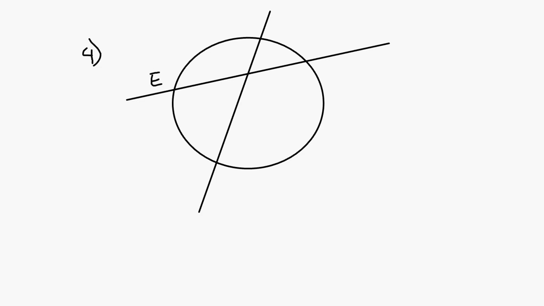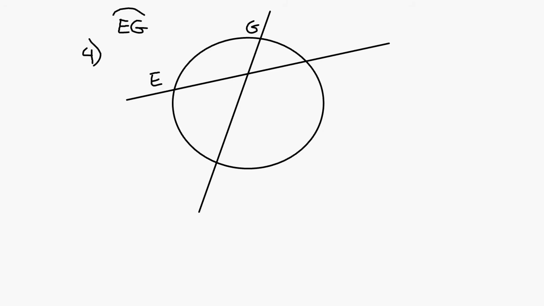Number 4. Secants intersecting inside the circle. And you've got point E right here, G right here, and you're asked to find arc EG.